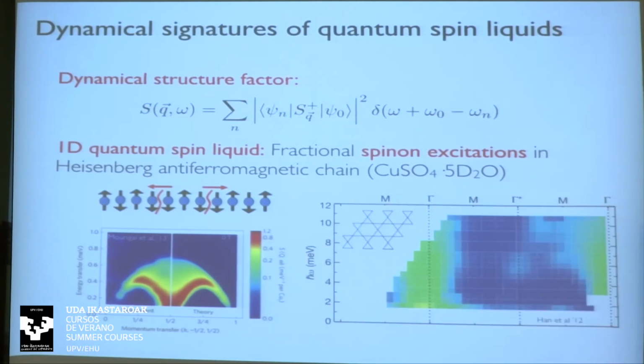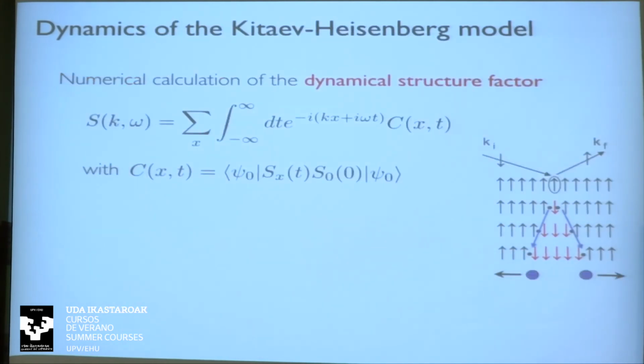And of course, it would be interesting to understand this not only for simple one-dimensional systems, but also for higher dimensional systems, for example, two-dimensional systems. And the DMRG techniques that I've demonstrated so far can be directly used to calculate these dynamical structure factors.